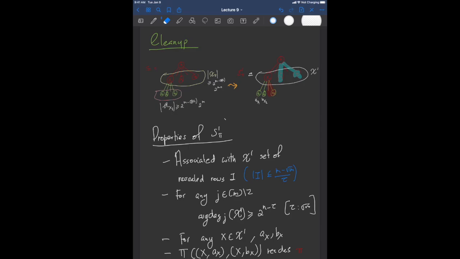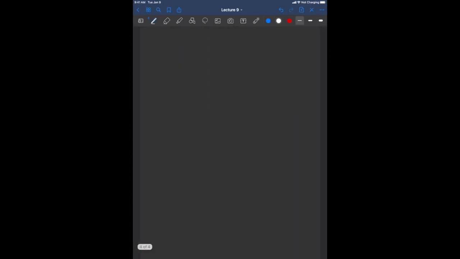Okay, and there was this additional property that we can use to ensure that they do not make progress on a revealed row in the second stage in any meaningful way. It said that for any revealed row i in I, and for all x in X dash, Alice's vector a of x that you give with x, at index i, agreed with Bob's vector b of x at index i.